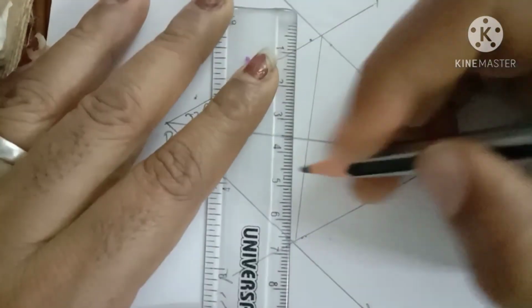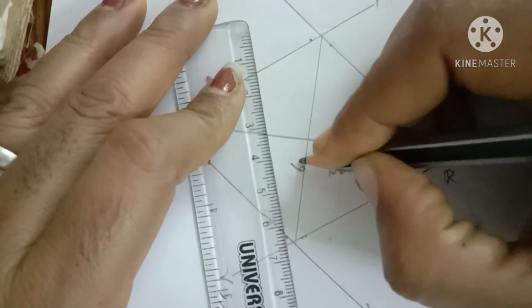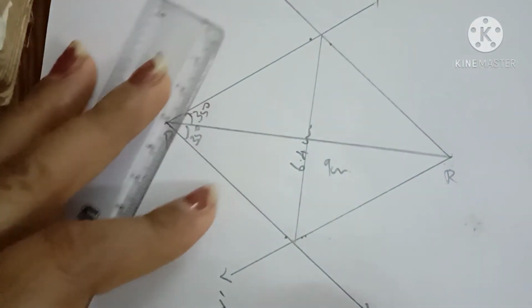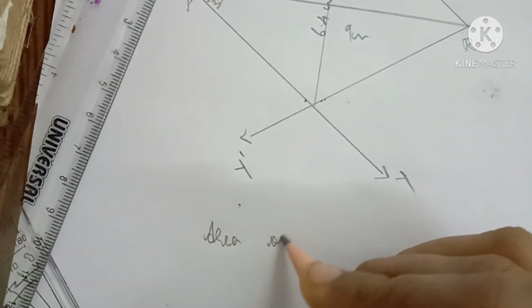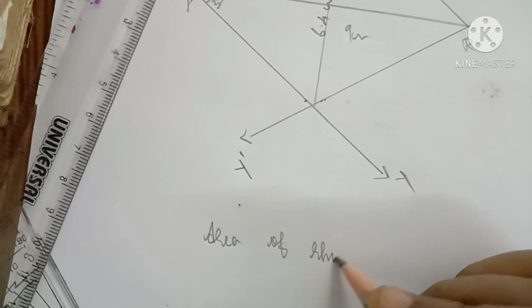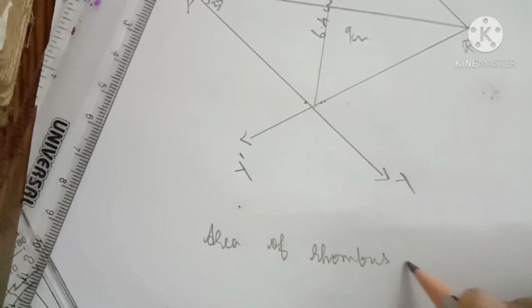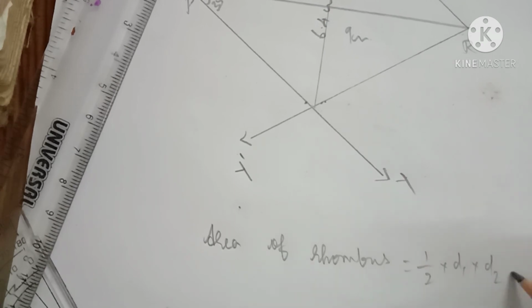6.4 centimeter. Area of rhombus is half into D1 into D2 square unit. D1 is equal to 9 centimeter.